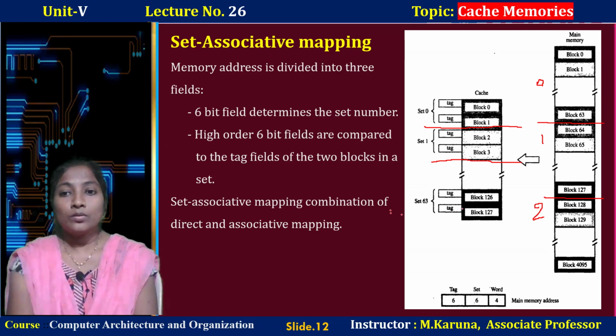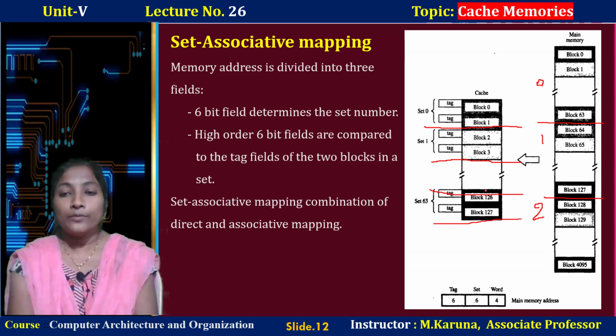Each set consists of 2 blocks. Here set 0 consists of block 0, block 1. Set 1 contains block 2, block 3. Likewise, set 63 contains block 126 and 127. Like that, this is the last set.